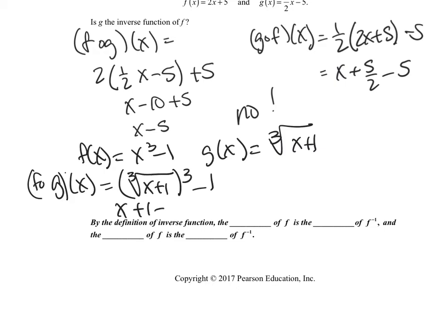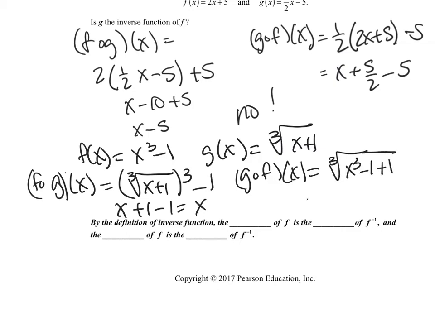So I get x plus 1 minus 1, so that's just x. And if I do g of f of x, it's the cubed root of x cubed minus 1 plus 1, which is the cubed root of x cubed, which equals x. So these two would be inverses because they both equal x.